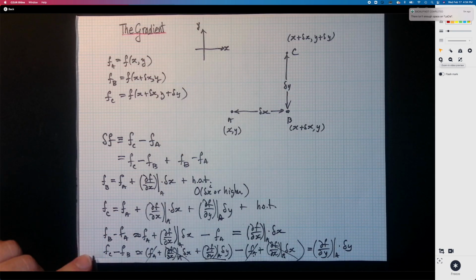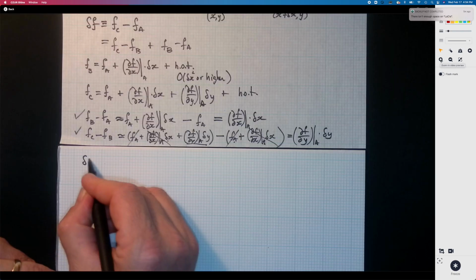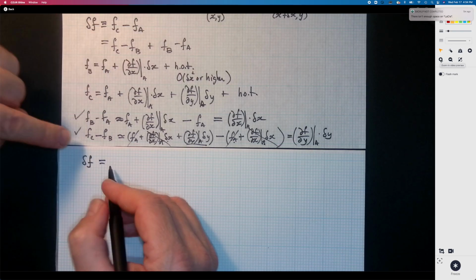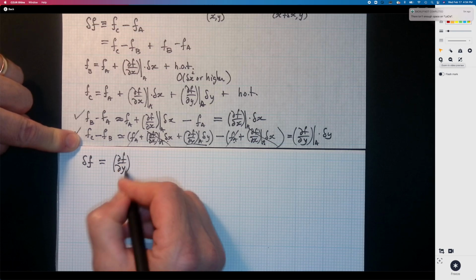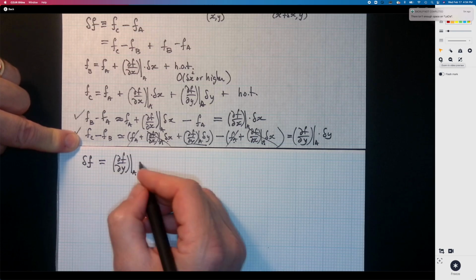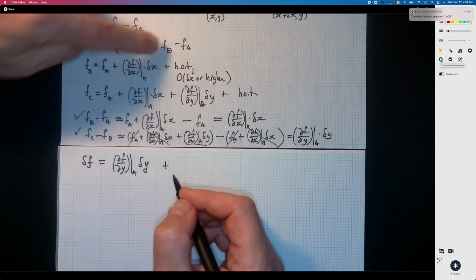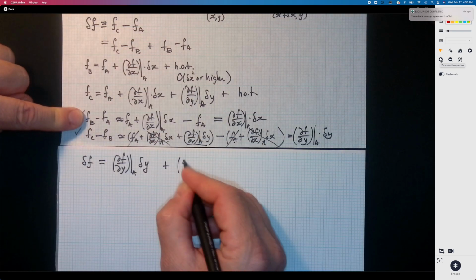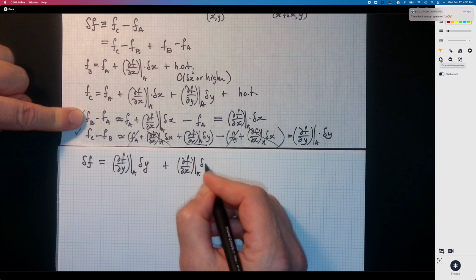Now putting this together, substitute this term and this one in here for delta f. I get delta f, which is equal to f at C minus f at B, just partial f partial y evaluated at the point A times delta y, plus this term f at B minus f at A, which is over here just partial f partial x at A times delta x.